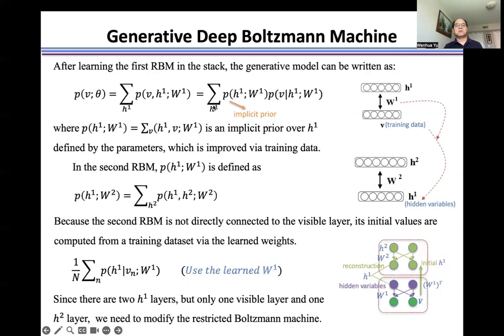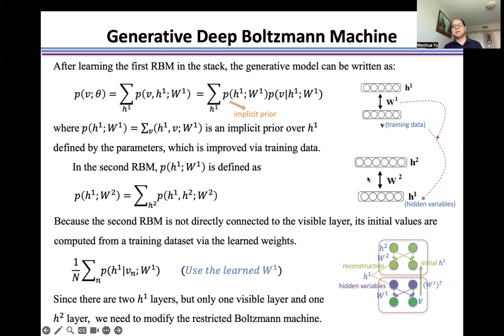After learning the first restricted Boltzmann machine in the stack, the generative model is equal to the margin of joint probability of V and H1 over H1. In the second restricted Boltzmann machine, the distribution of H1 is equal to the margin of joint probability of H1 and H2 over H2.